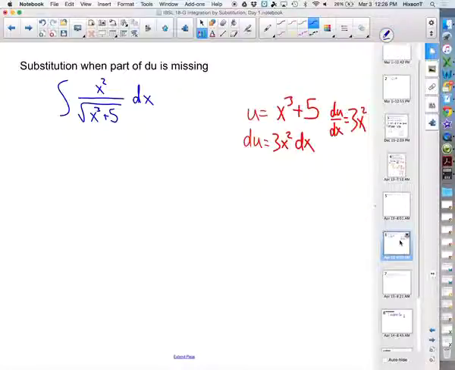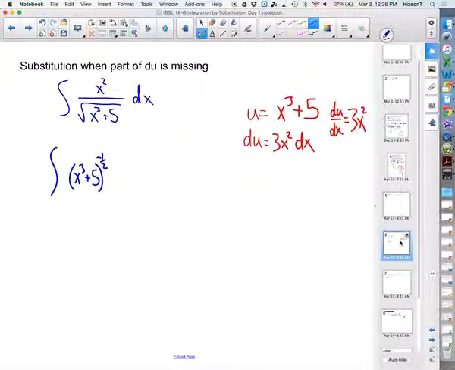Now, here's where rewriting this is going to be a little helpful. I have the integral of, I'm going to look at just this denominator first. It's going to be the x cubed plus 5 to the negative 1/2 power. It's in the denominator, so it's negative. It's in the square root, so it's a 1/2.